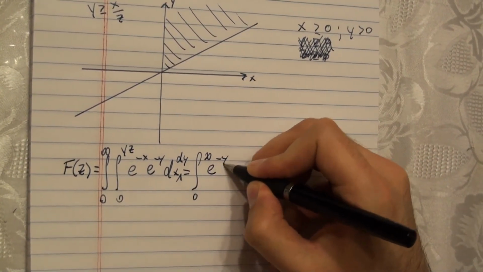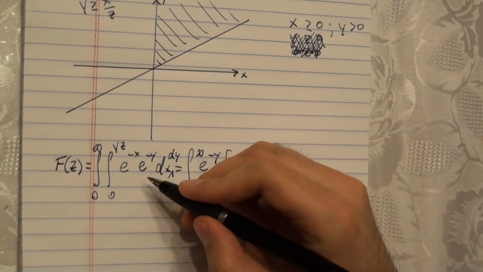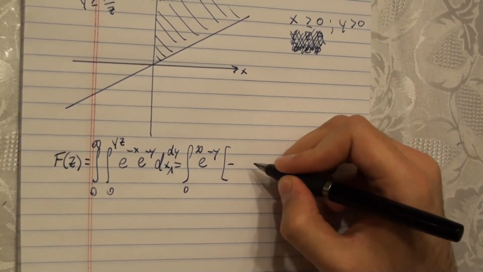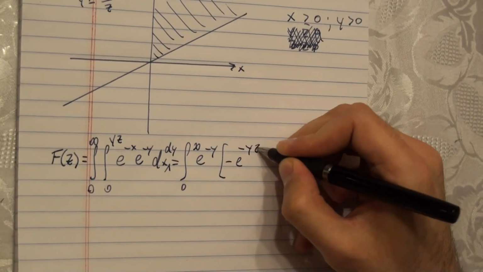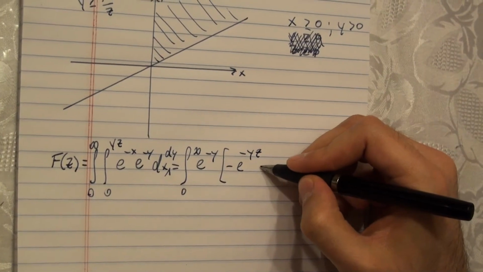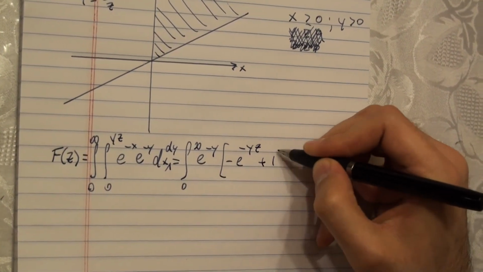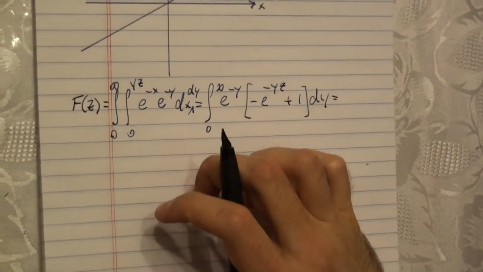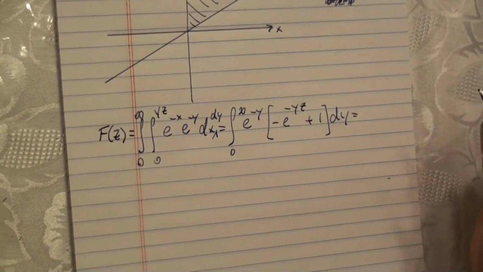I have e to the minus y. This integral, the x integral, is going to be minus e to the minus yz minus e to the minus 0, so that becomes plus 1. And then we have a dy here. So I'm going to distribute the e to the minus y.